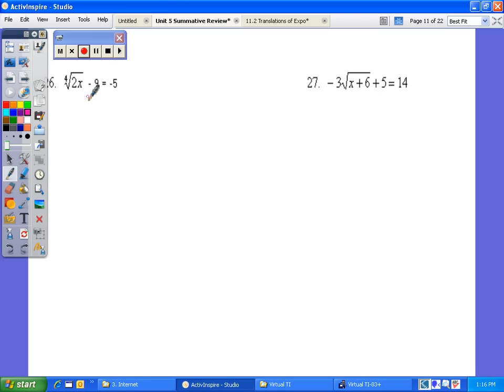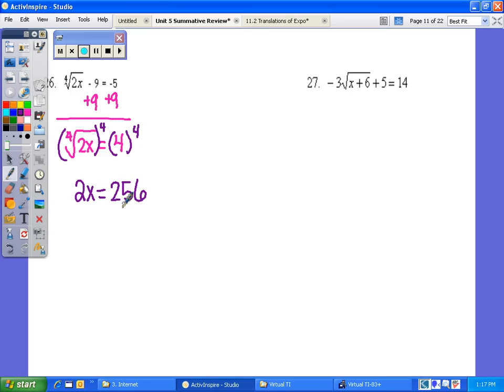Alright, this next one you want to add 9 first because we can't get rid of that 4th root without adding 9. Negative 5 plus 9 is 4. Now we want to get rid of that 4th root by doing the 4th power. 4 to the 4th is 256. And we find out that x is 128.